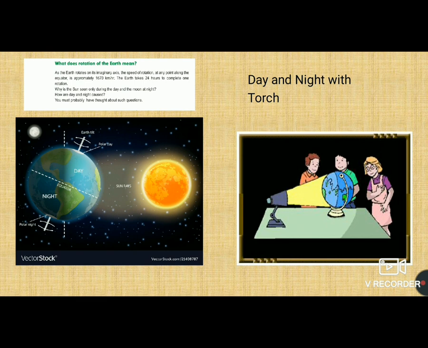The part on which the light falls is considered to be day, and the other part, which is dark, where light has not reached, is known as night. So we can prove through this experiment that day and night happens on earth due to rotation.